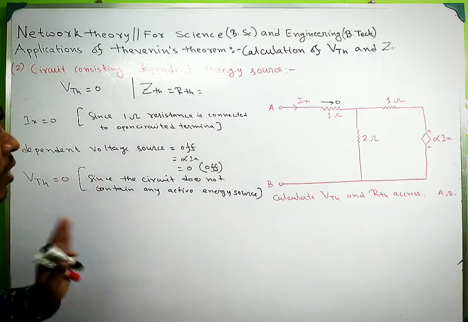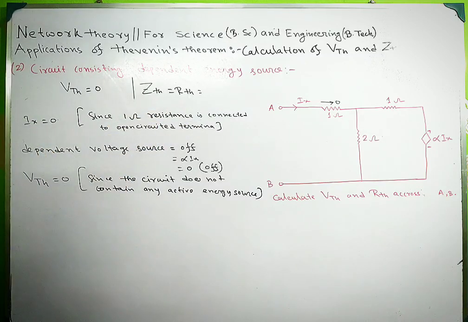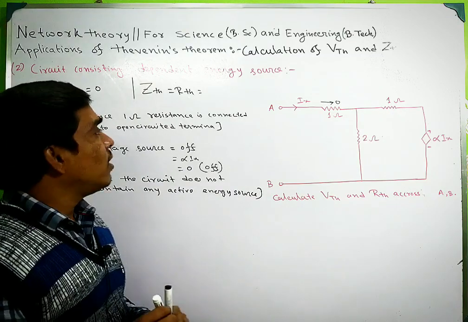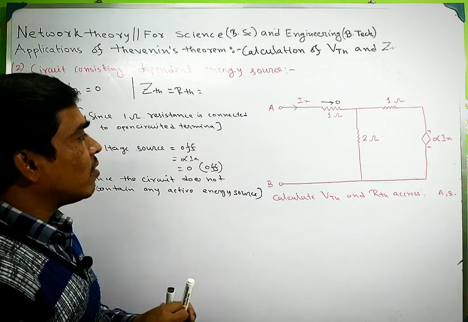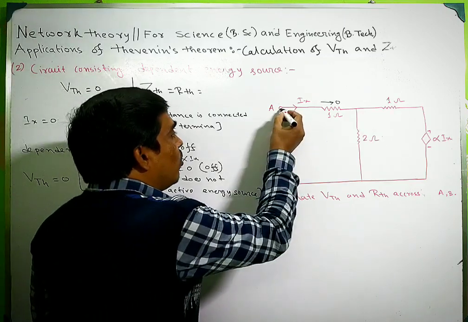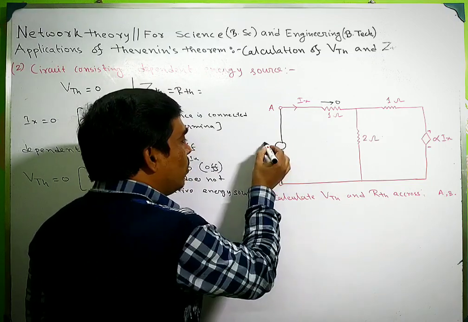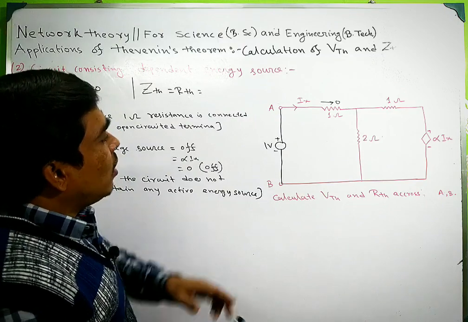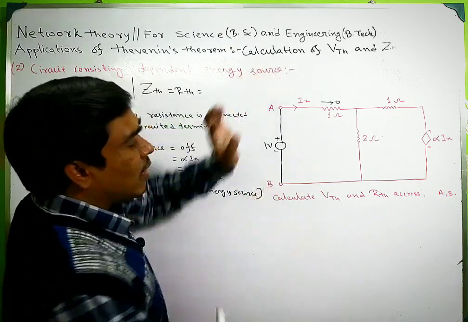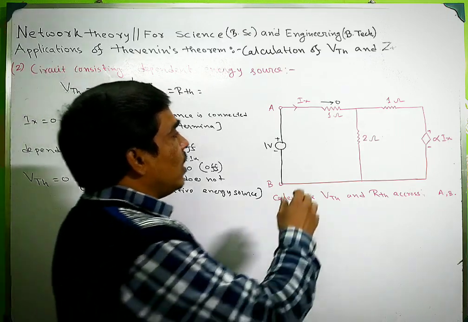Now you have to calculate the RTH or ZTH. To calculate RTH or ZTH, you have to connect a 1 volt DC source across this open circuit terminal.